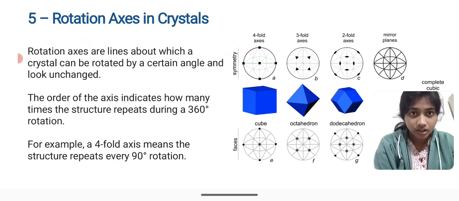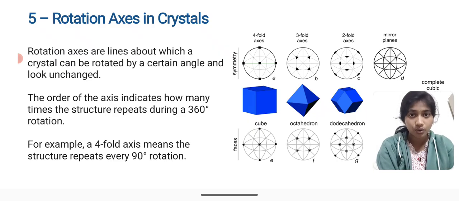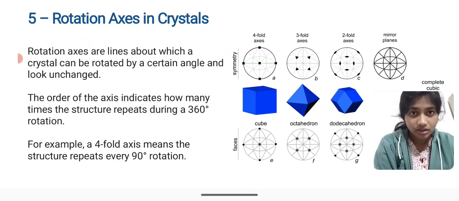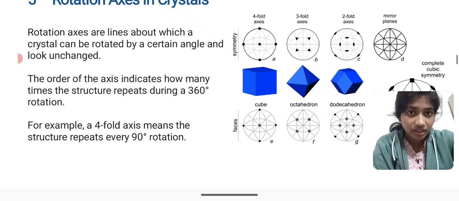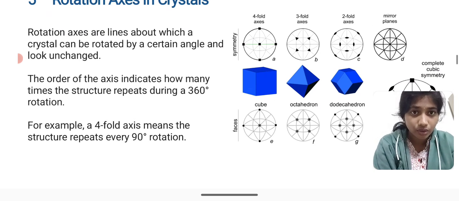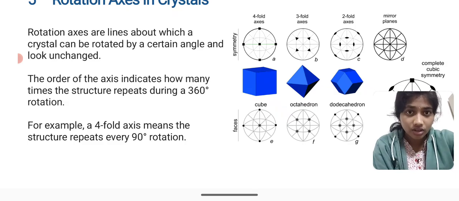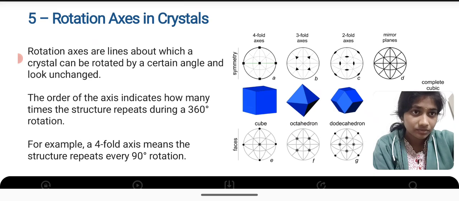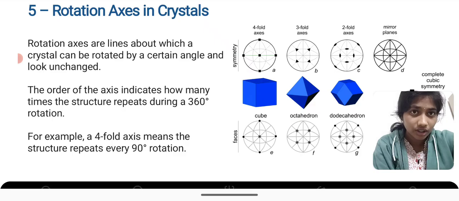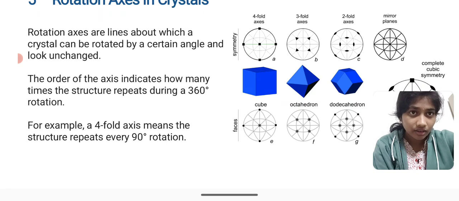The order of the axis indicates how many times the structure repeats during a 360 degree rotation. For example, a four-fold axis means the structure repeats every 90 degrees of rotation. This is the relevant image for rotation axis in crystals.